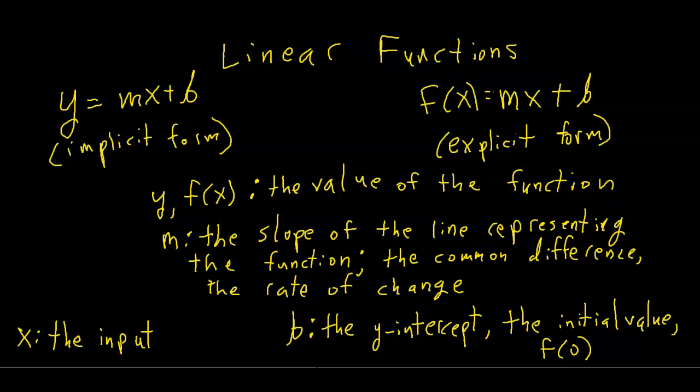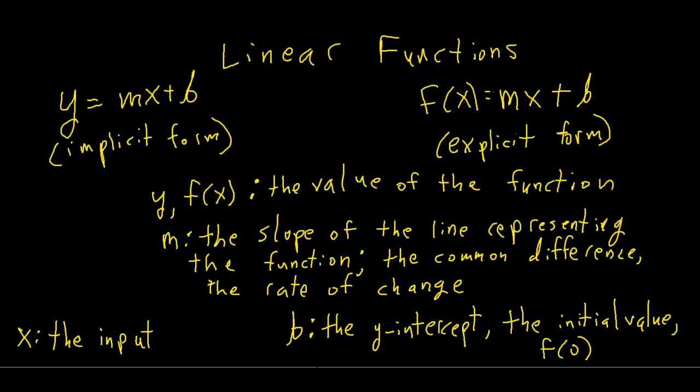Okay, everyone, I just want to go through the meaning of all this notation again, okay? So remember, we're dealing with linear functions. Those are functions whose output changes by a constant amount. They are functions that can be represented by a straight line. That means if you plot a bunch of points of the function on the coordinate plane, you can connect them all with a straight line.